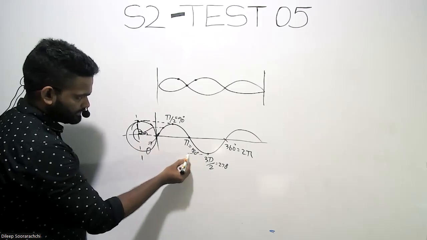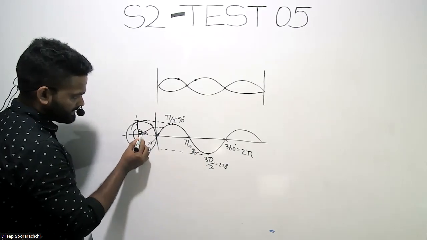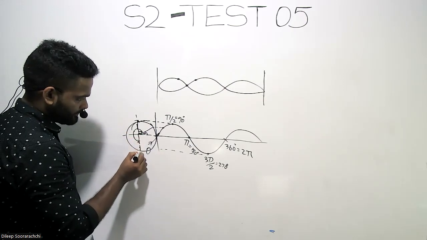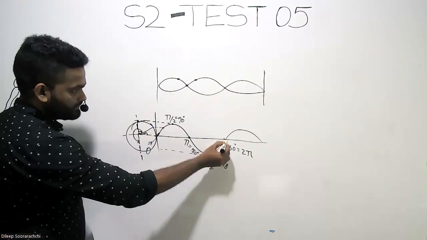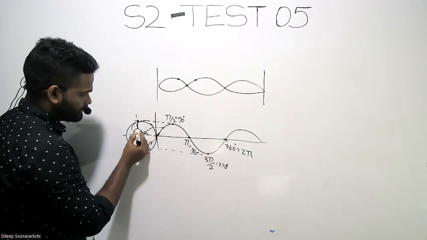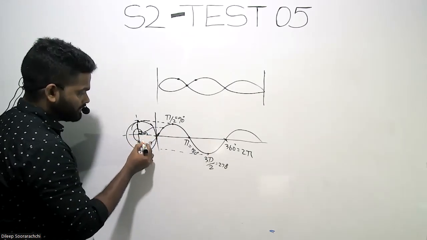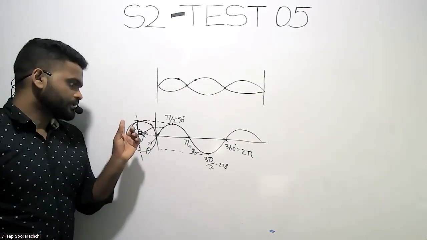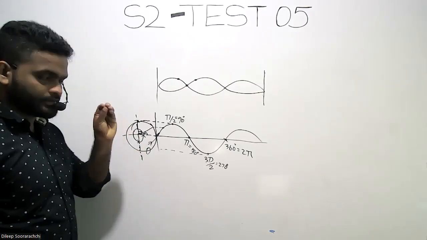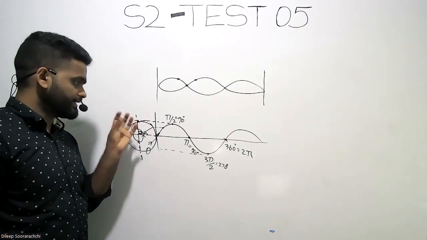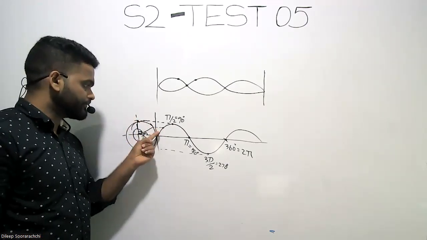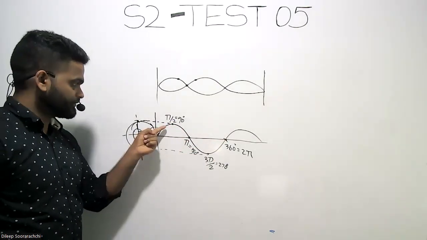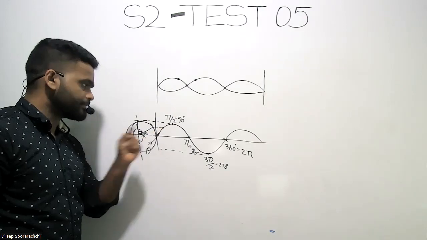Then this point, 270. Then again, if you go to this point, it completes one cycle. It goes to 360 degrees. So by drawing a circle, you can determine the phase of that particular point. That related angle is the phase of that point.